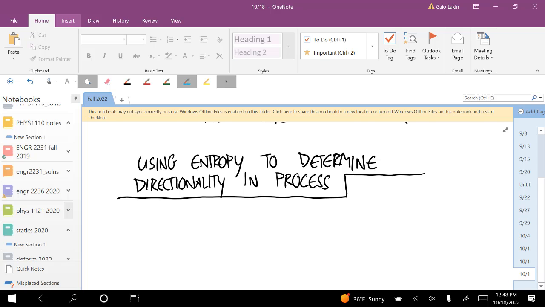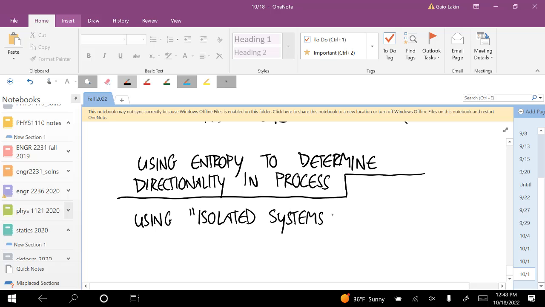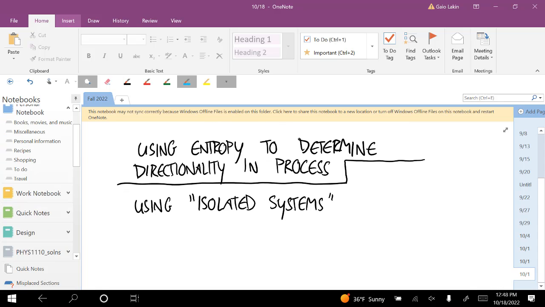Okay, so we'll be using isolated systems. An isolated system means there's no material transfer across the boundary.